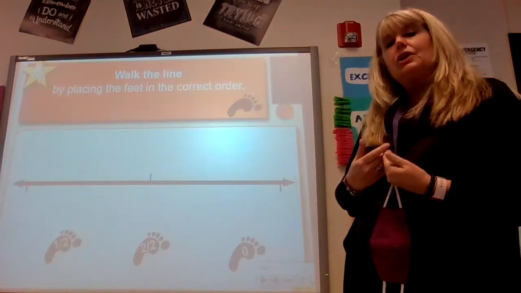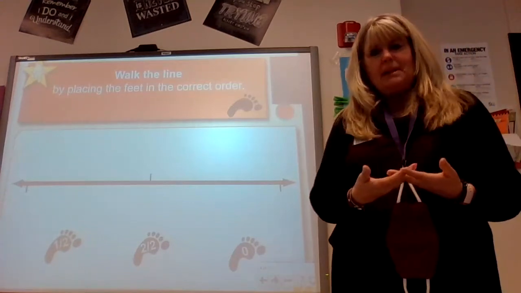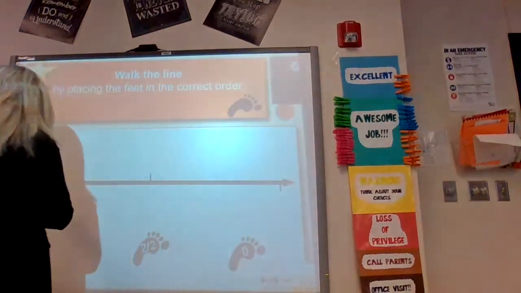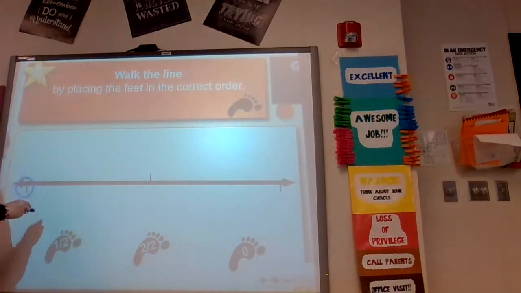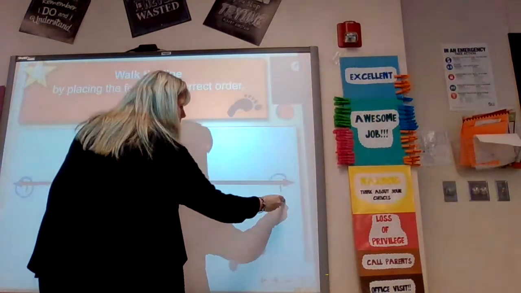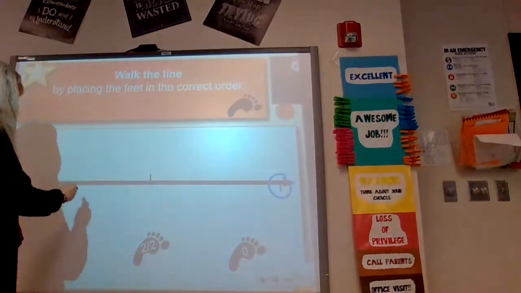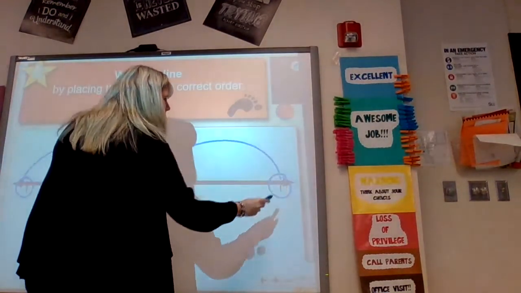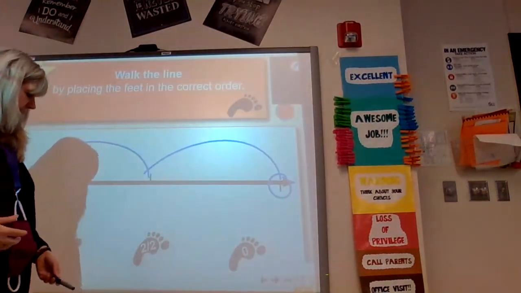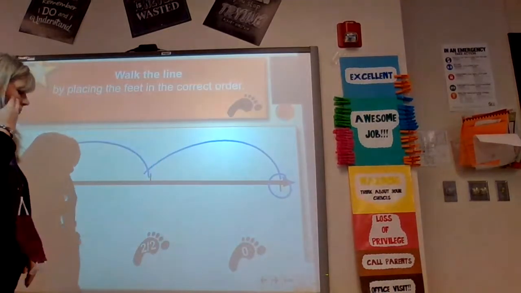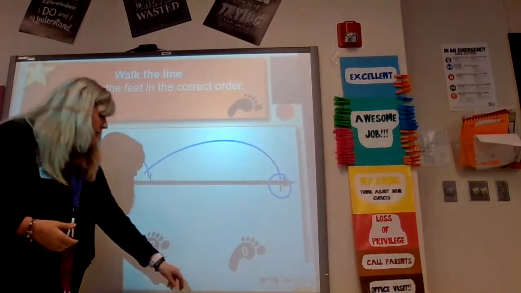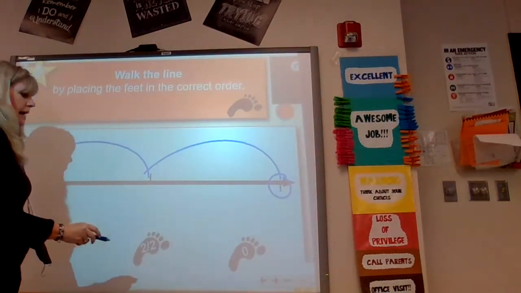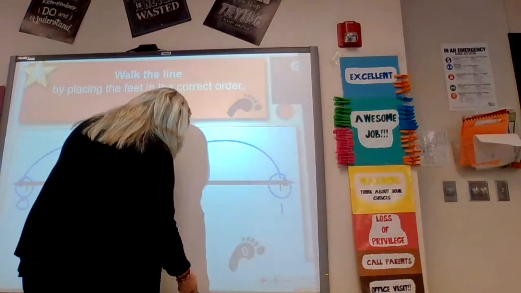The first thing I'm going to do is figure out where my benchmarks are on this one. Where am I starting? If I circle my benchmarks right here and I do my hops, I know my denominator must represent 2. So this has to be 0, and this has to be 1.